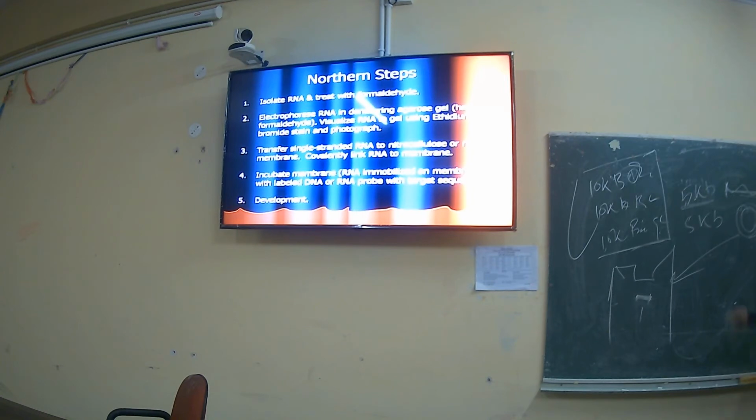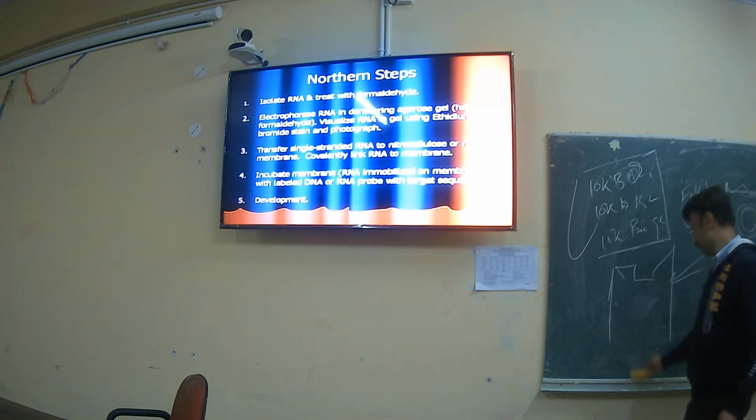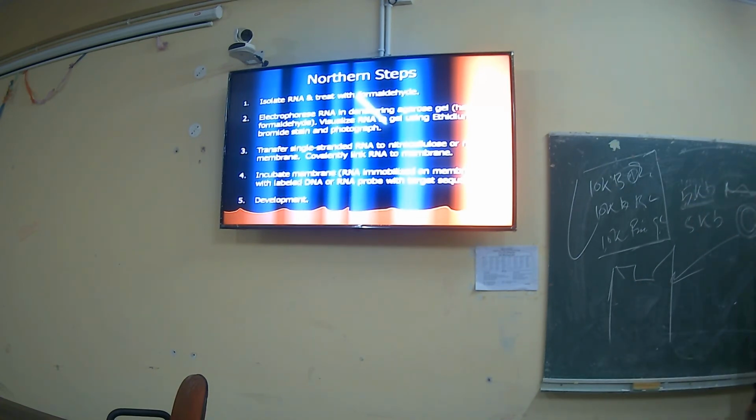Definitely 2 bands will appear. Now you tell me why 2 bands will appear. The principle is that according to charge, under the influence of the electric field, the particle will migrate, but the third factor is size and shape. So which will move faster?